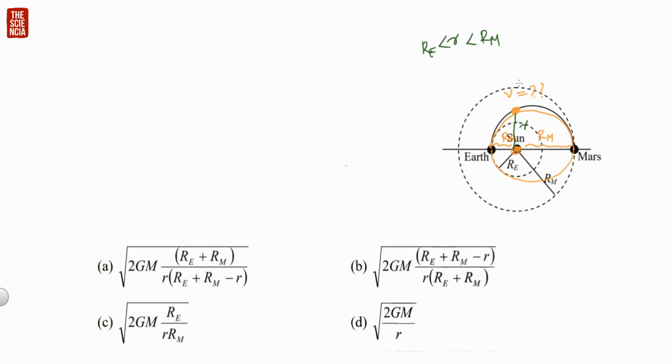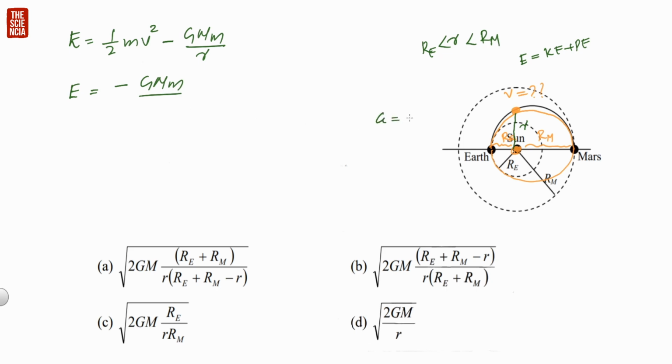So at position R, we can find out its total energy, that is total energy E equal to kinetic energy plus potential energy. So that is E equal to kinetic energy, that is 1 by 2, here velocity is v, so v square, potential energy is minus GMm by R, because R is the position. And we know the energy in an elliptical orbit, that is E equal to minus GMm by a plus b.